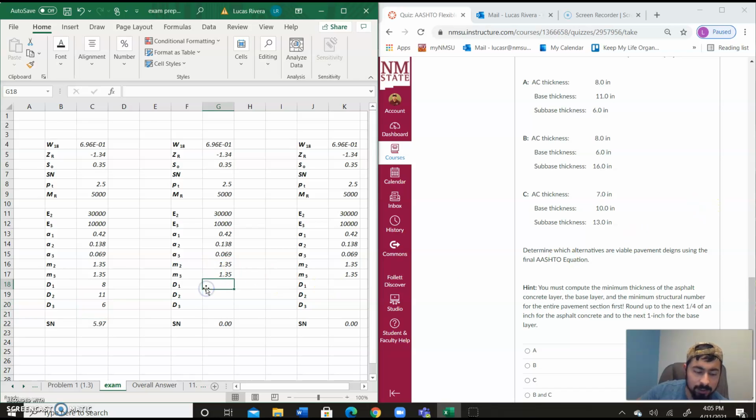I'm not even gonna look. 8, 6, 16. And then we got 7, 10, 13. And the structural number, I'm just gonna put is equal to that. Paste.